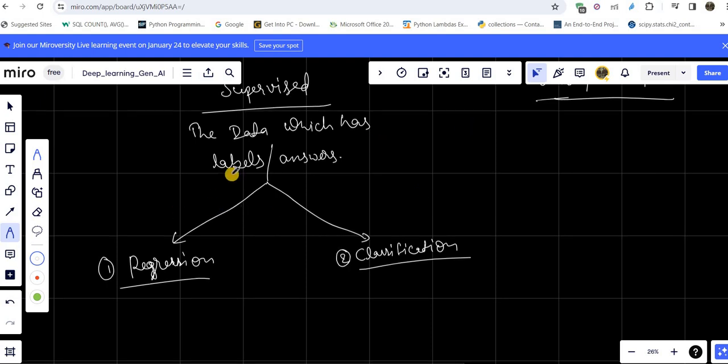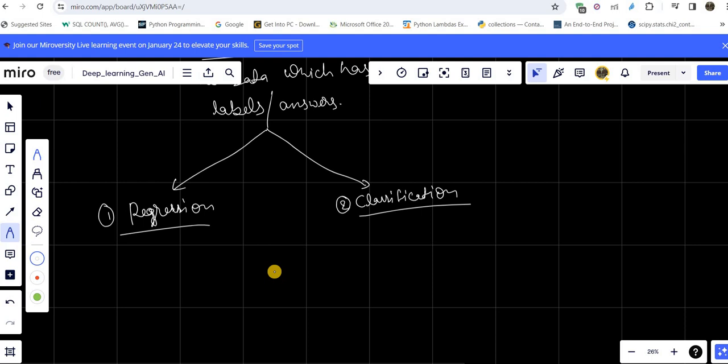So I said the supervised data has the label, has the answer, which means both the regression and the classification have the label. But if the label of the data is continuous, then we will use the regression algorithm.